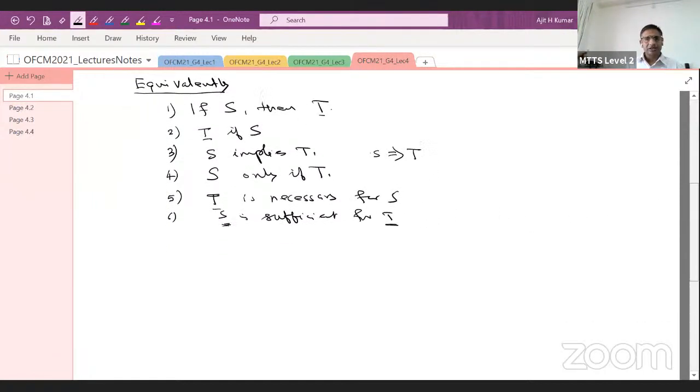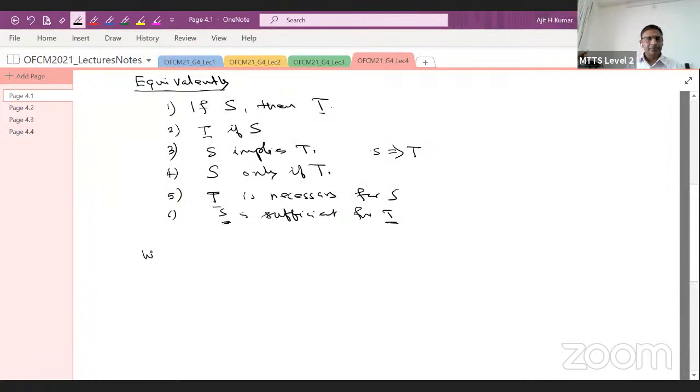Now let us look at when this statement, if S then T, is true. Or when is this false?